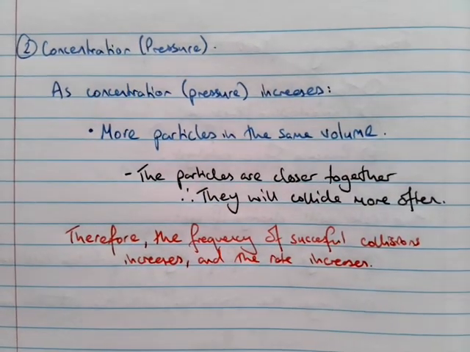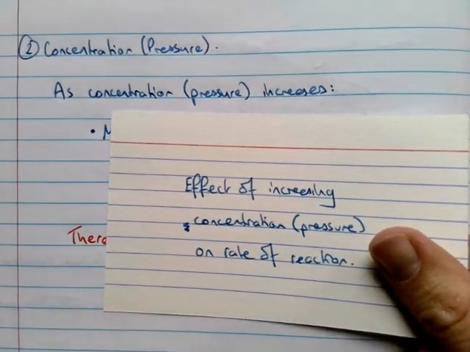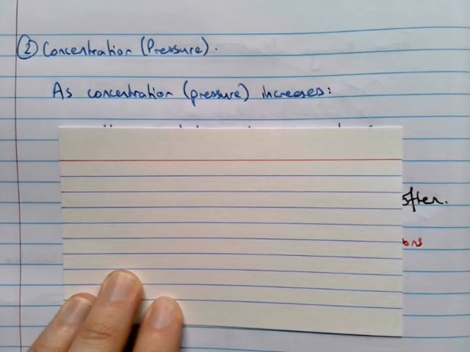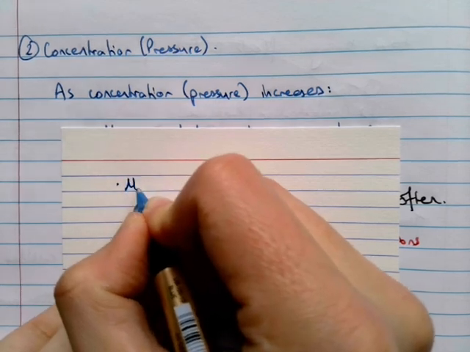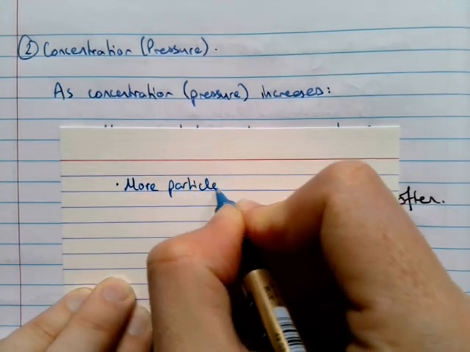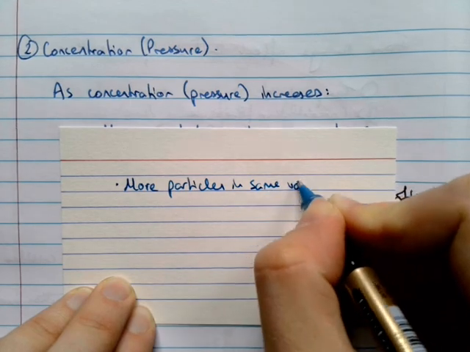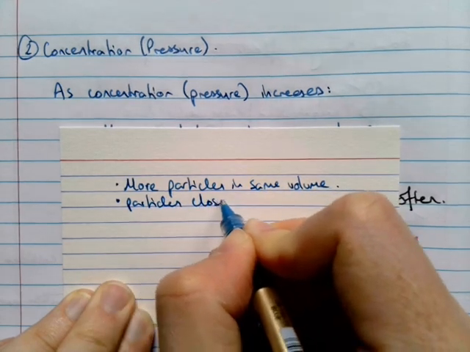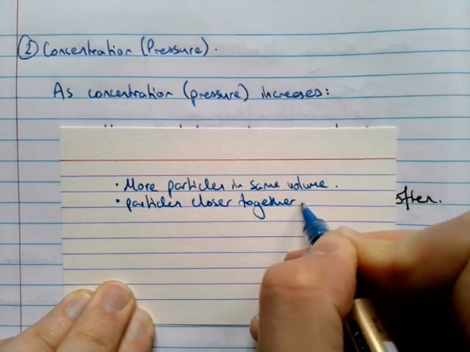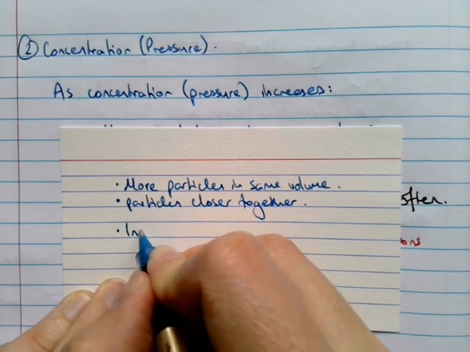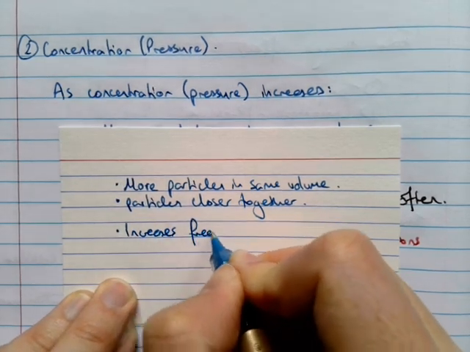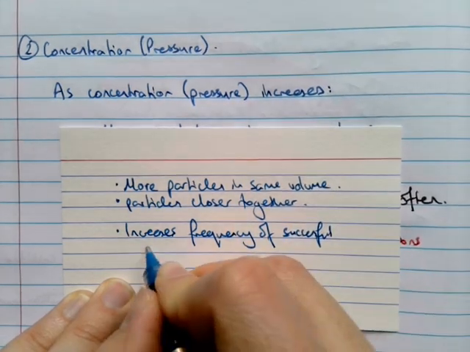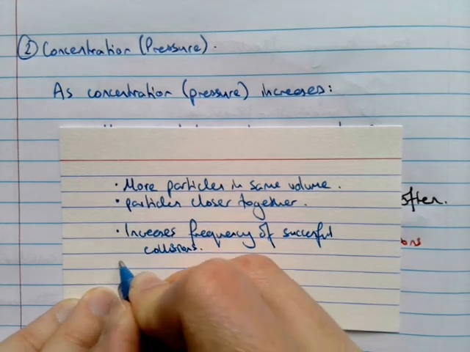Okay, and you can put that on a flashcard. The effect of increasing concentration or pressure on the rate of reaction. You can say on here: more particles in same volume, particles closer together, and then you can just skip right ahead and say increases frequency of successful collisions, increases rate.